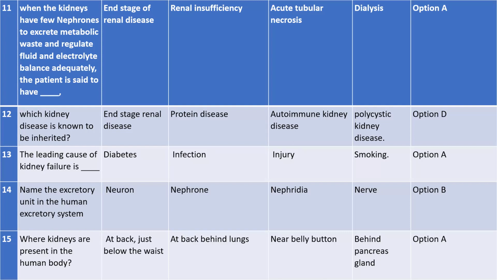Number 15, where are the kidneys present in the human body? You must be fed up of studying anatomy and applied physiology. Where is our kidney located? Is our kidney present in front of our chest?